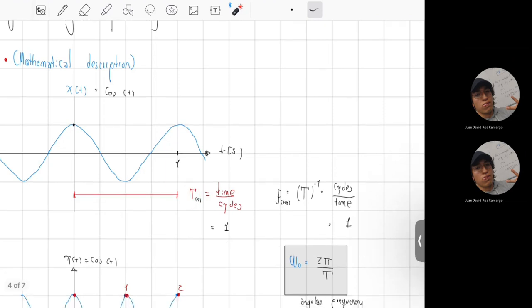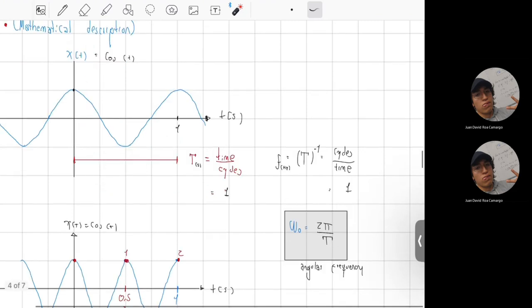So in this case, we have this maximum height in a period of 1 second. So that's period. We also have frequency, which could be both our normal frequency or angular frequency.